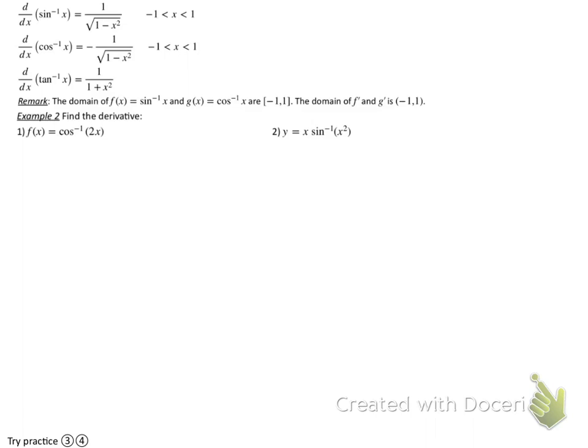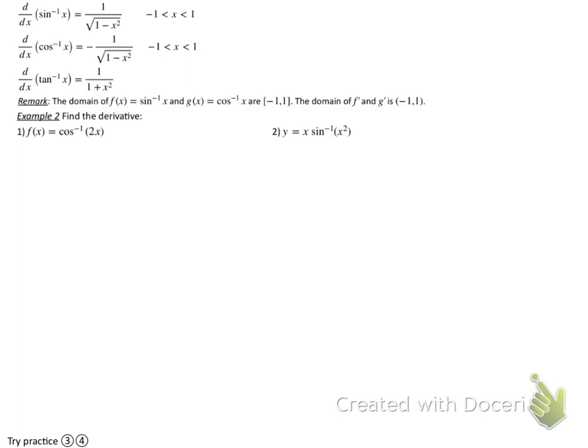All right. Here we have a bunch of derivatives of our inverse trig functions. So the derivative of sine inverse is 1 over square root of 1 minus x squared. The derivative of cosine inverse is negative 1 over square root of 1 minus x squared.